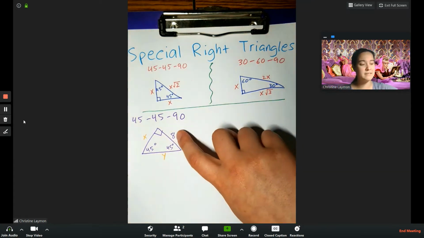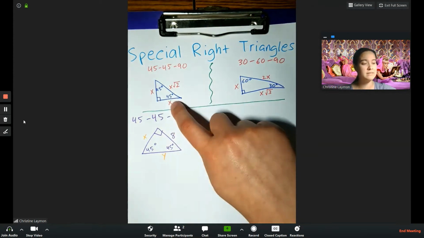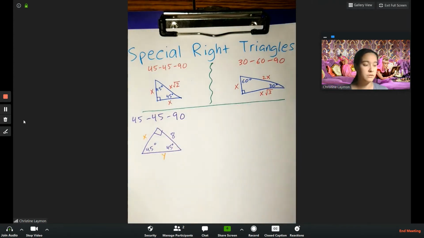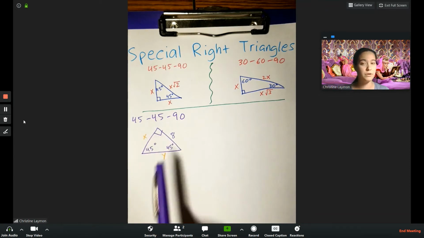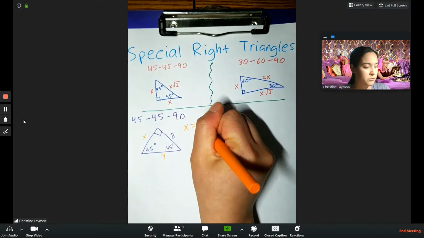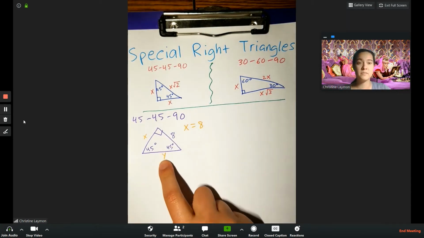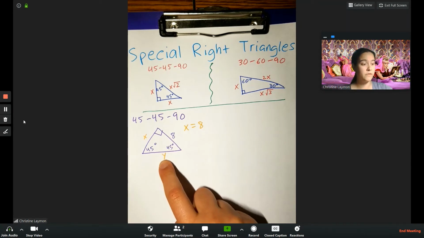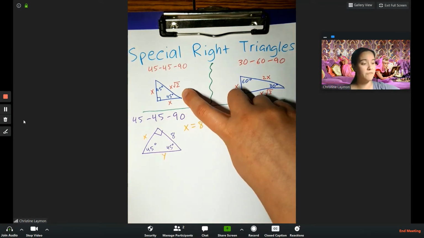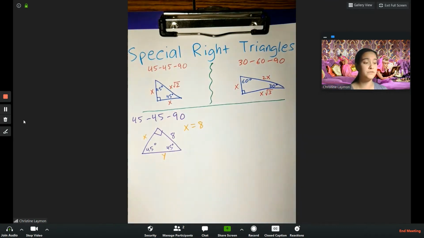This 8 is along one of the legs. Notice in our pattern, x and x, these two legs are the same. So x and 8, those two legs are the same. So x equals 8. Okay, take a look at y. Y is the hypotenuse. To come back up to my pattern up here, to get from the leg to the hypotenuse, I'm doing the leg times the square root of 2.